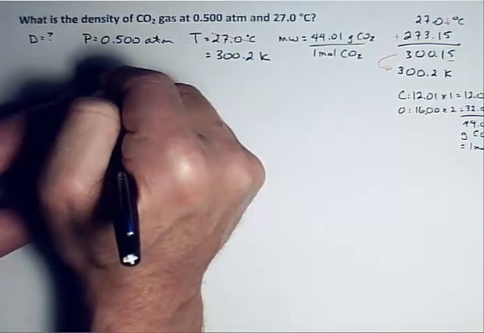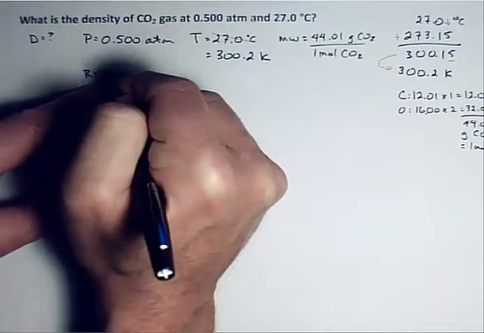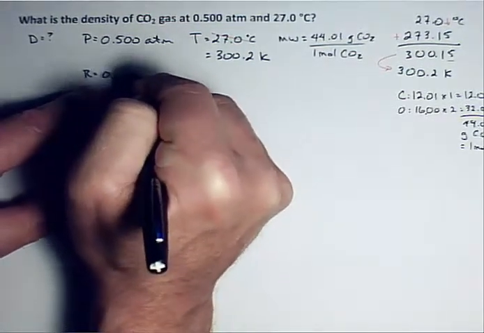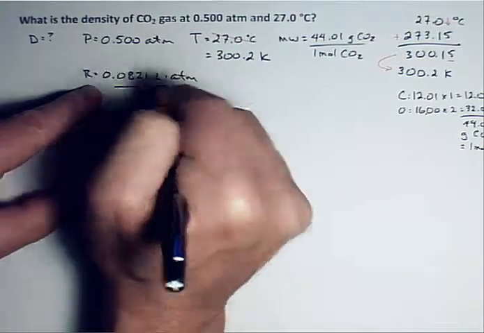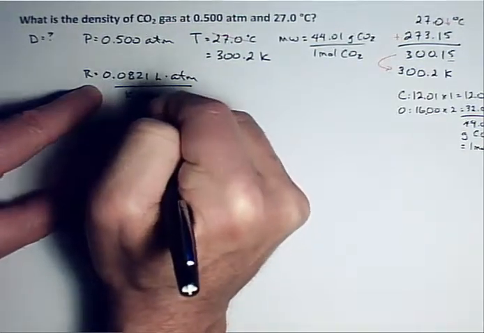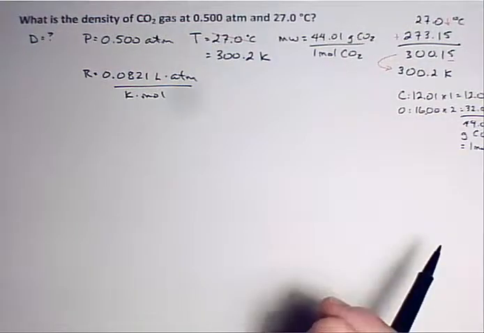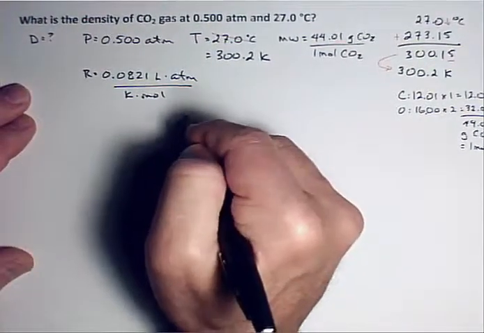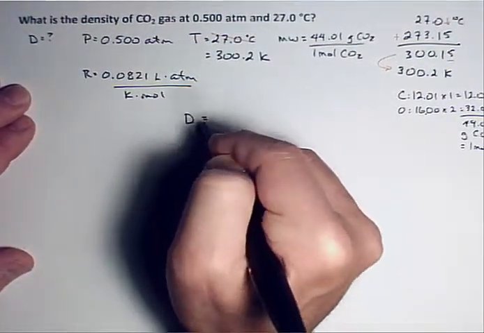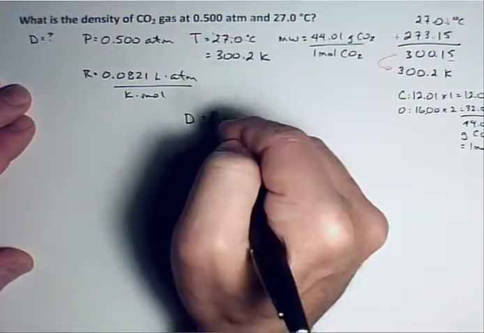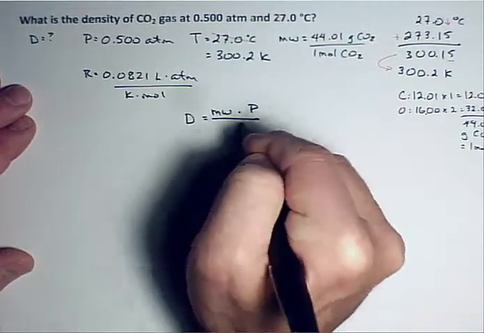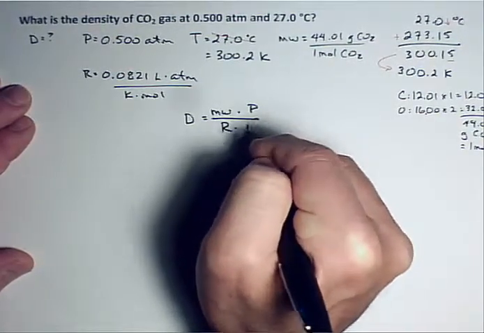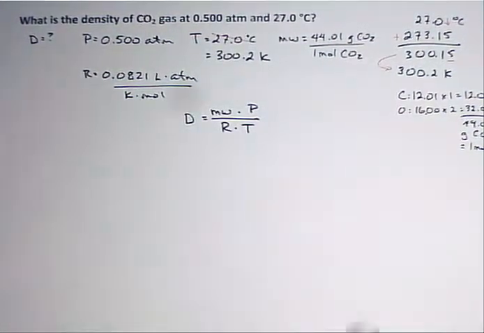The AP chemistry version just has one less significant digit, 0.0821 liters times atmospheres over Kelvin times moles. Okay? All right, so we have this density of a gas is equal to molar weight or molar mass times pressure over the gas constant times temperature. And so we're going to just simply start plugging all this stuff in now.